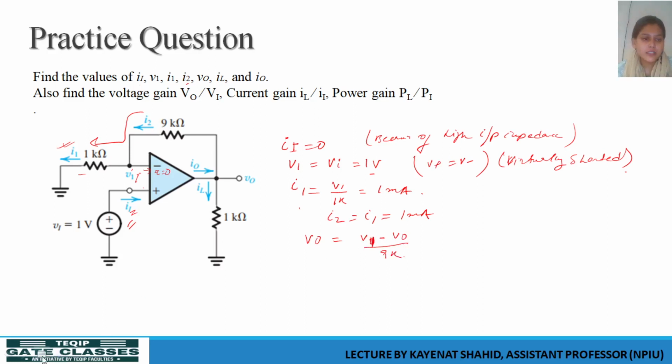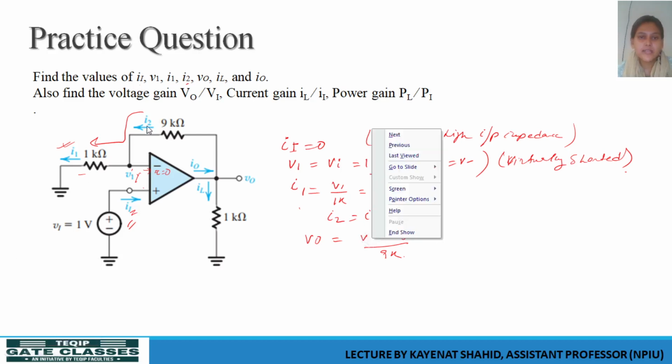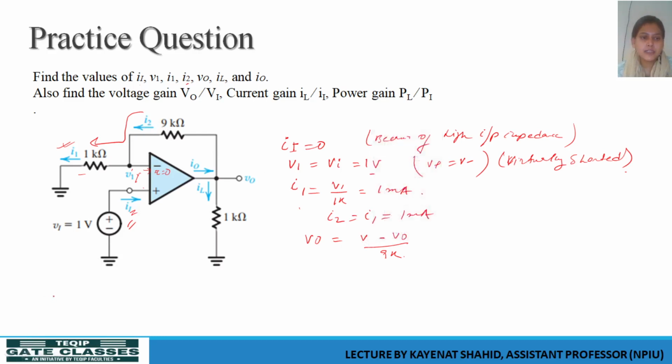The direction of the current is in this direction, so that's why we take a negative sign. Okay, sorry, we can just directly write it.